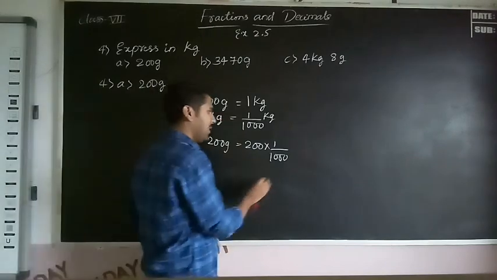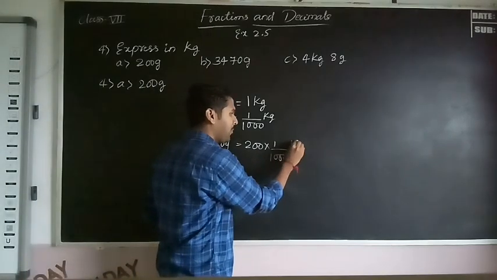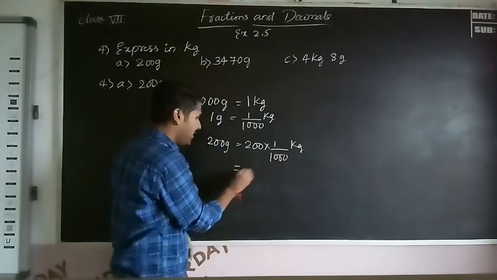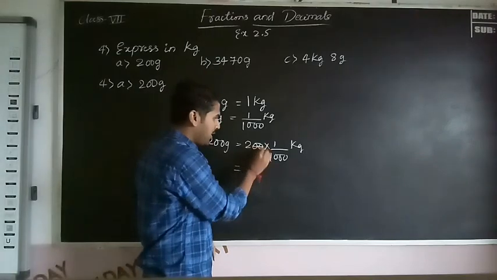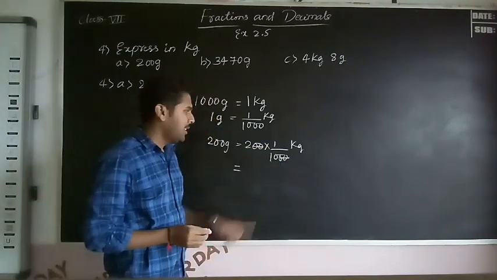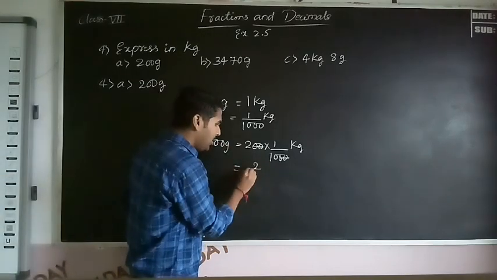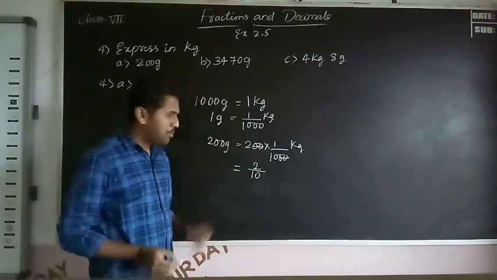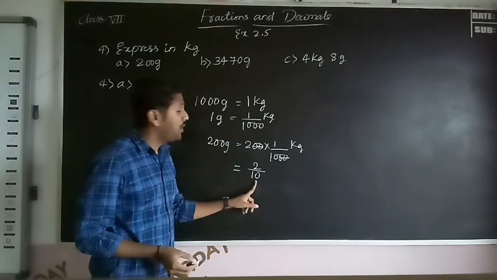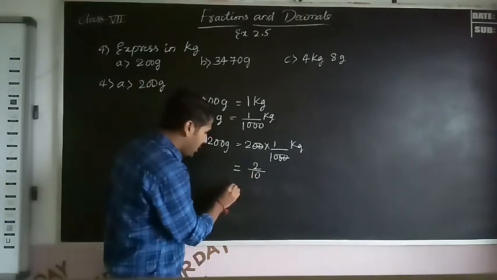So what will be the answer? This is in kg now. Here 2 zeros get cancelled, but don't cancel further, because 2 by 10 is not the answer here; you have to write it in decimals, so divide.